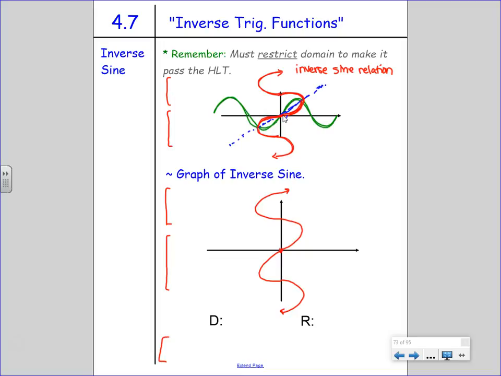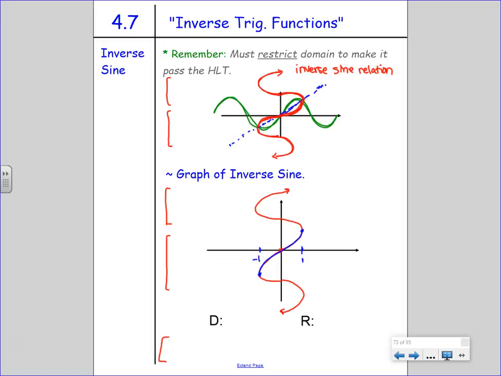So if we're going to restrict it, here's how we're going to restrict it. We need to go all the way over to positive 1 because sine goes up to positive 1. We need to go all the way back to negative 1. And we need to get all the points that pass through all of the values, negative 1 to 1, because those are all the different possible values that sine can equal. But we don't want any repeats.